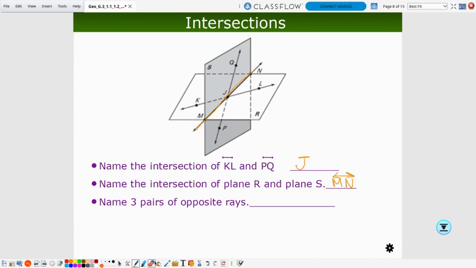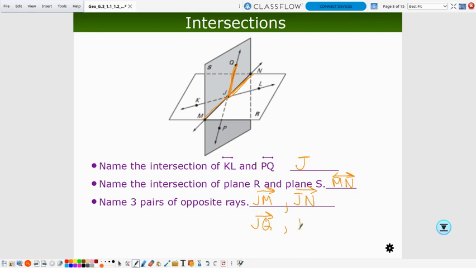Name three pairs of opposite rays. Remember to name your ray starting at the endpoint. So if I go here, JM, that's one. Its opposite ray is going to be JN. We can also start with J and go up to Q, JQ.